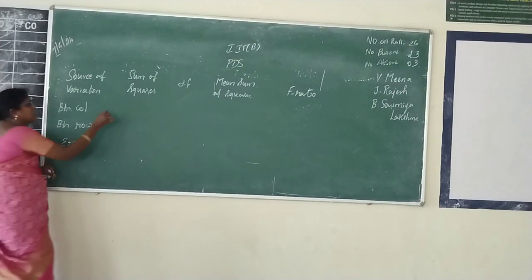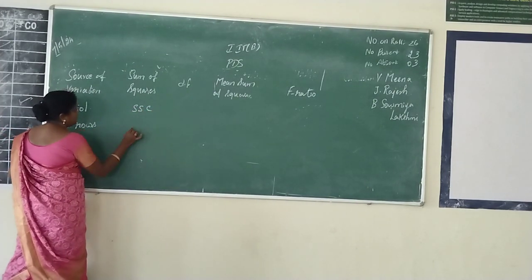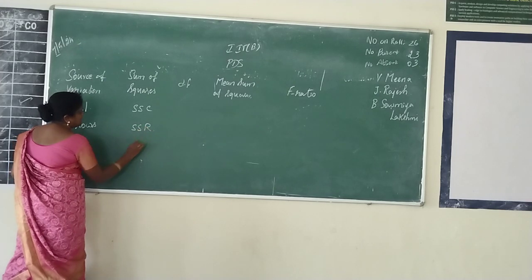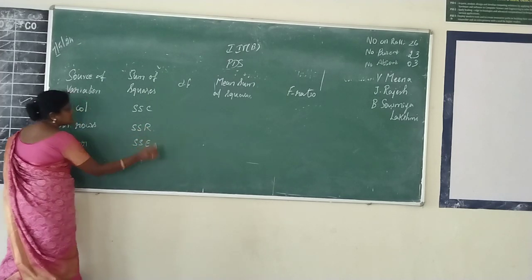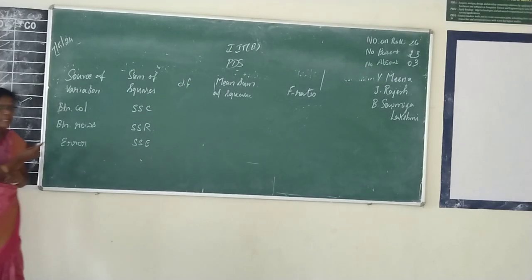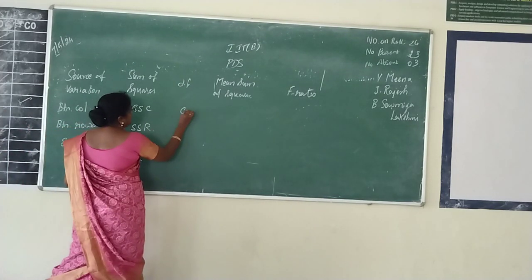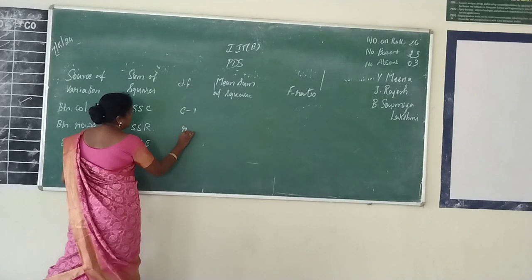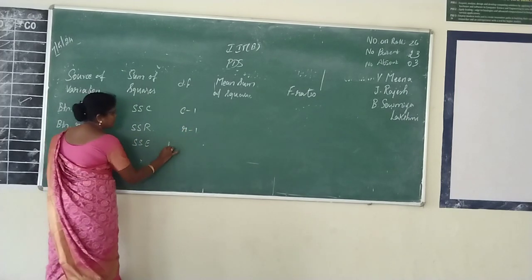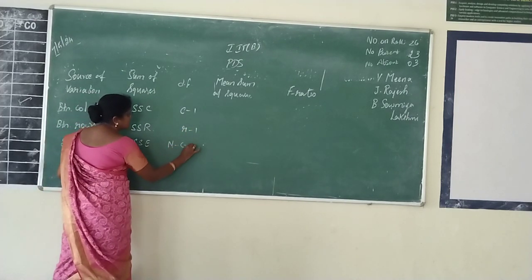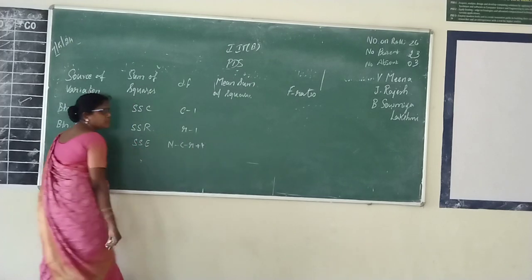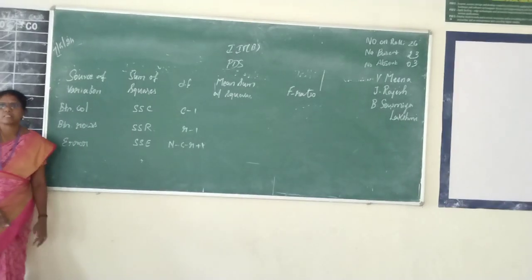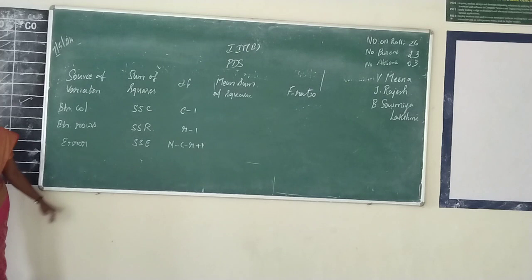Between columns it is our SSC, between rows SSR, error will be SSE. All these values we have calculated. Degrees of freedom: for column C minus 1, for row R minus 1, for error N minus C minus R plus 1. That is the degrees of freedom for error.